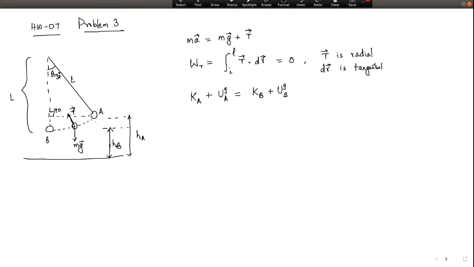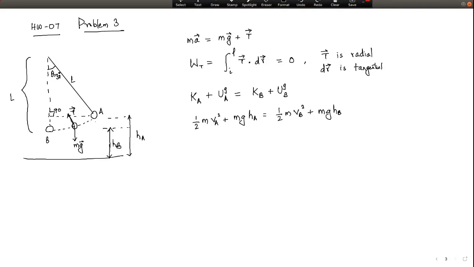At point A, we are told it is starting from rest, so this leads to half m v_A squared. Very similar to the earlier problem after we have verified that the force of tension is zero. So it's m g h_A is equal to half m v squared plus m g h_B.